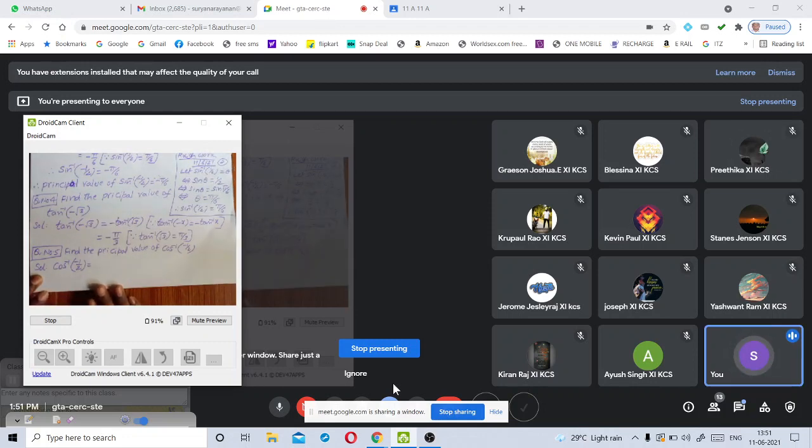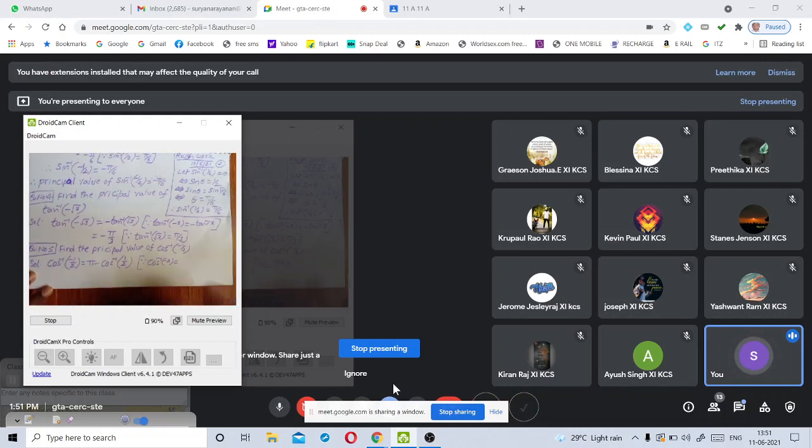Are you listening to the questions and answers, my dear children? Pi minus cos inverse of 1 by 2, because cos inverse of minus x is equal to pi minus cos inverse x.